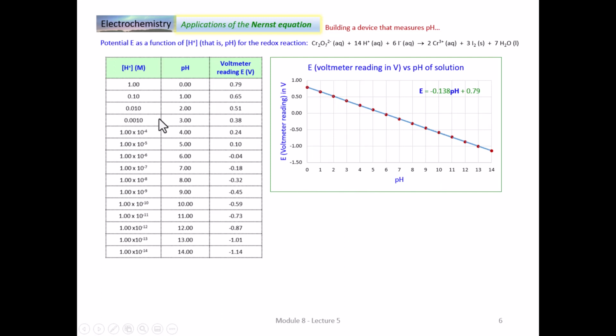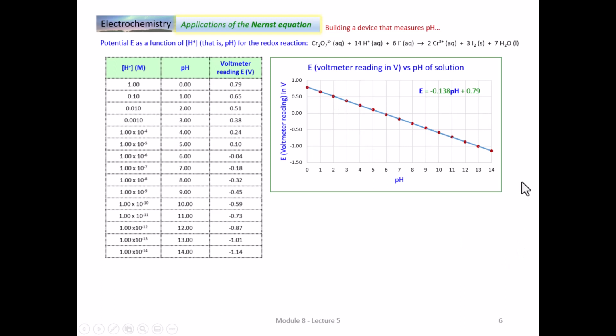And on the chart here, of course, I've shown the values that I've used. So if the hydrogen ion concentration, say, is 0.01, the pH would be 2, and the measured voltage E would be 0.51, and you can see that on the graph right here.